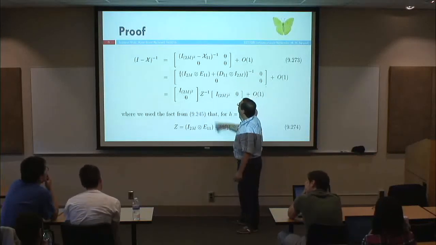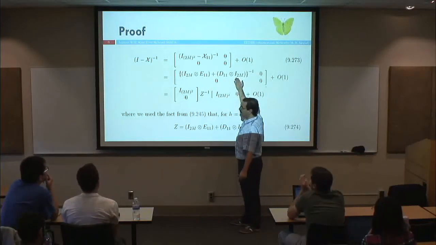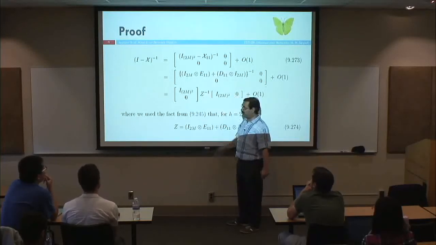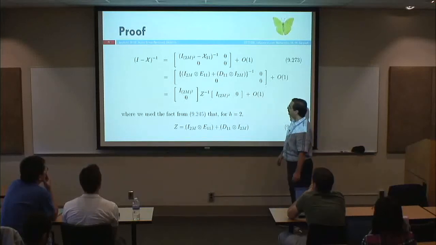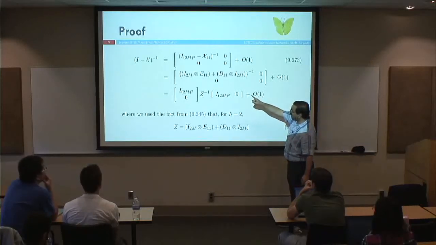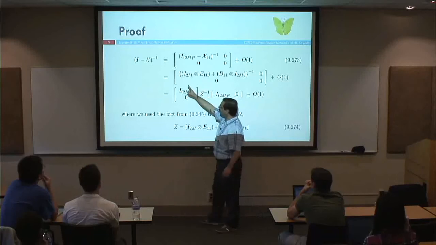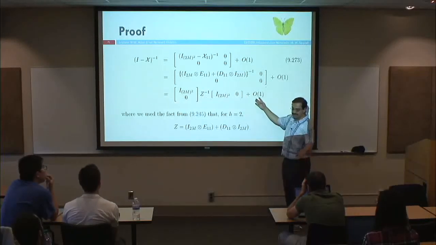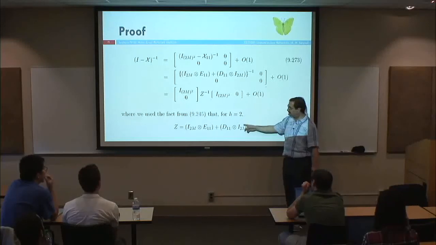X11, I know what it is, but that's exactly the Z inverse. So if you just do the algebra, you will find that I minus X inverse, which is related to I minus F bar inverse, is the expression I showed you before.